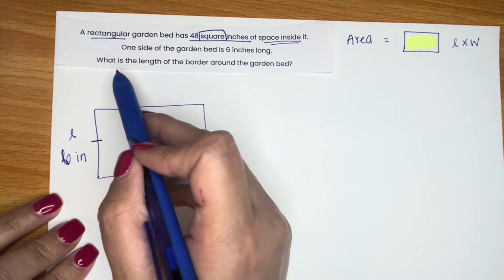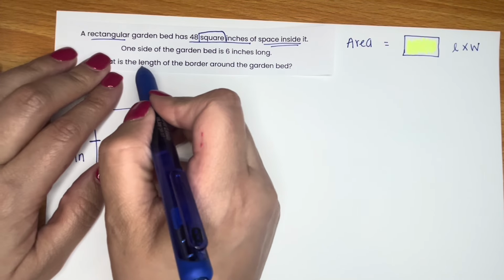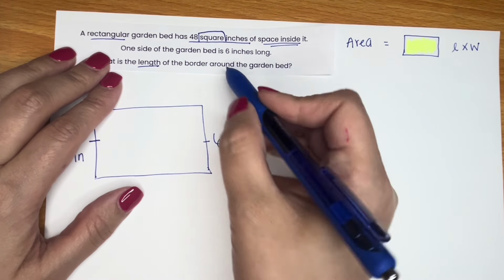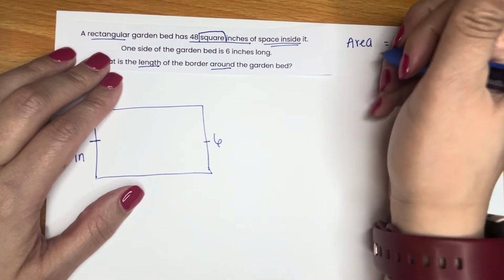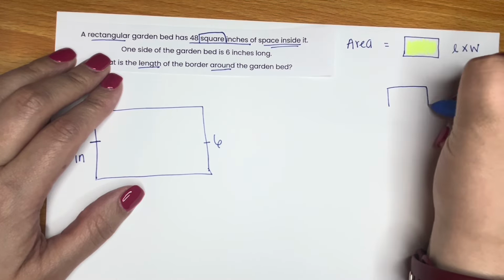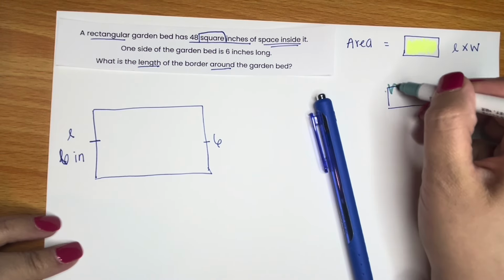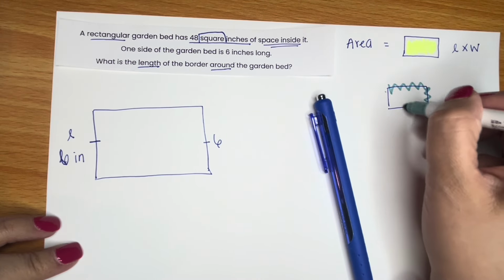Now it says, what is the length of the border around? So we need the length of the border around the garden bed. So remember, if I'm looking for around, what are they asking me for?